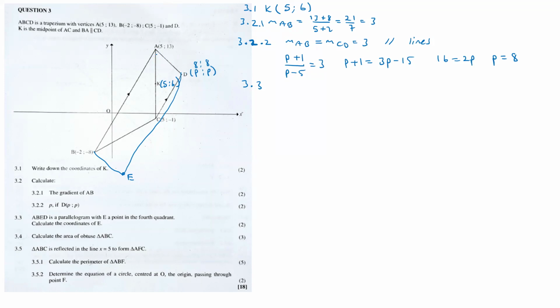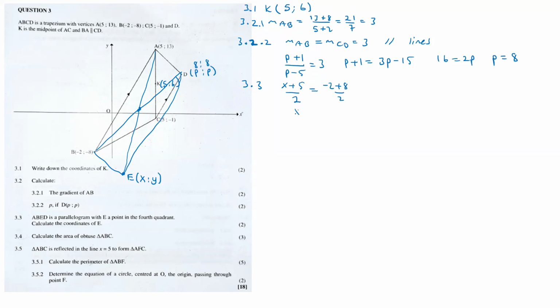Since ABED is a parallelogram, when you draw the diagonals they will have the same midpoint. So if you say the coordinates of E are (x, y), x plus 5 over 2 must be equal to -2 plus 8 over 2.